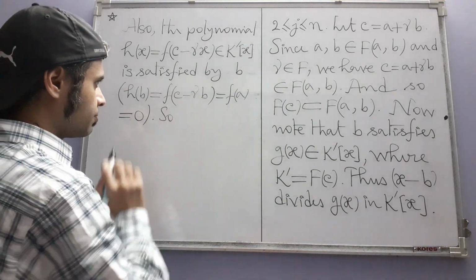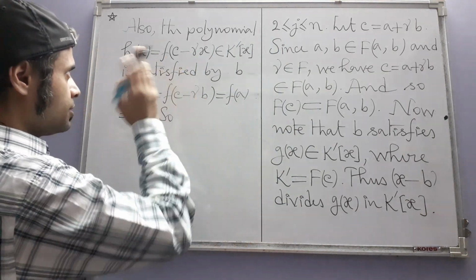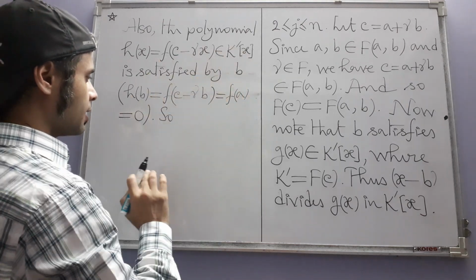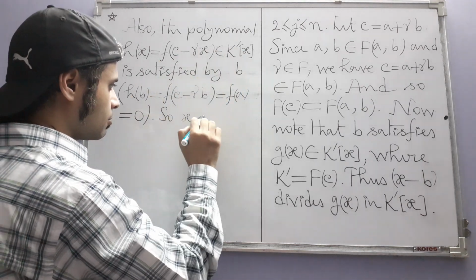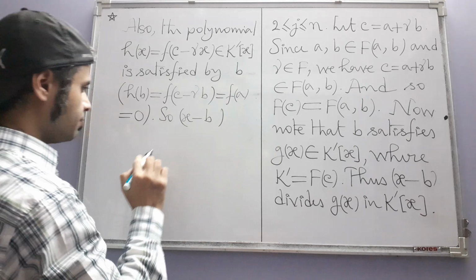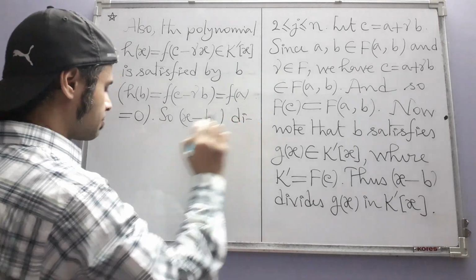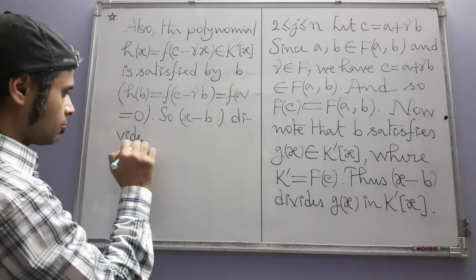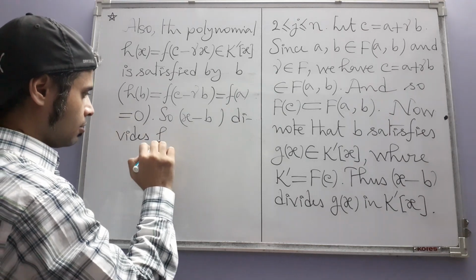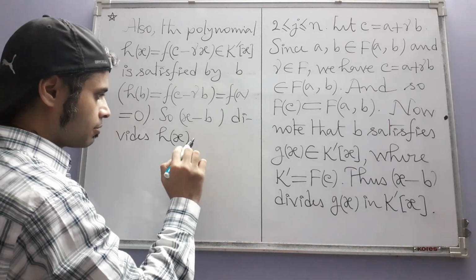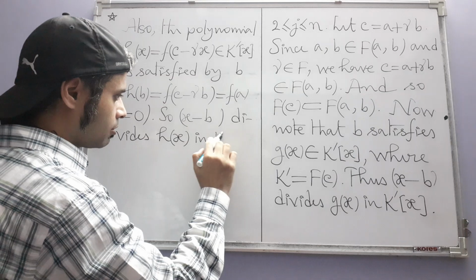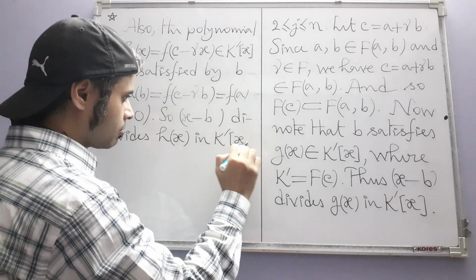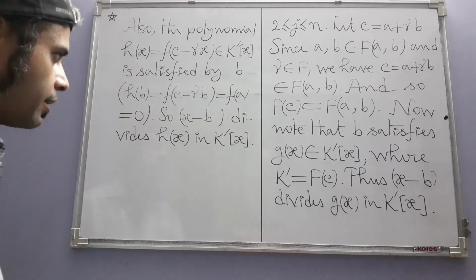So B also satisfies this new polynomial, again over K prime. So x minus B divides hx in K prime x.